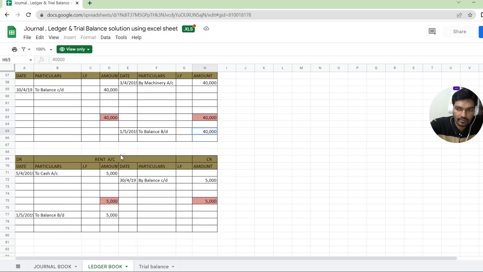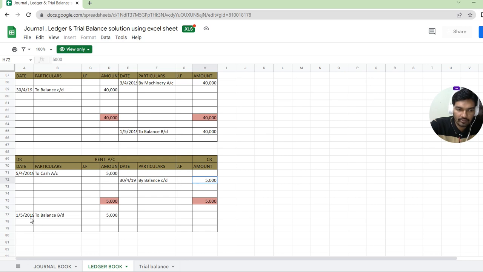The last account is the rent account. Rent is an expense which shows a debit side balance, so there is no credit side balance here. The amount is 5,000. So the same amount we need to show here as balance carried down, closing balance, as on 30th April 2019. The closing balance is 5,000.